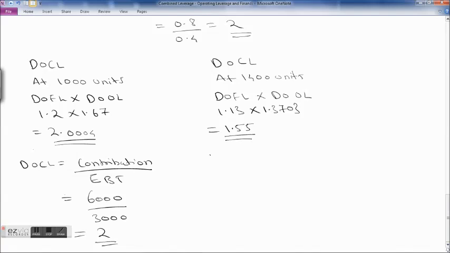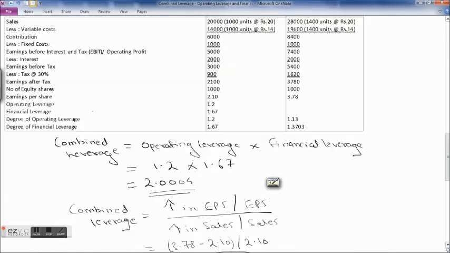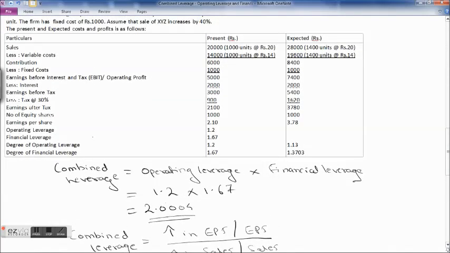Okay, so now we'll calculate degree of combined leverage using this formula, contribution upon earning before tax. So what is the contribution here? At 1,400 units, contribution is 8,400.